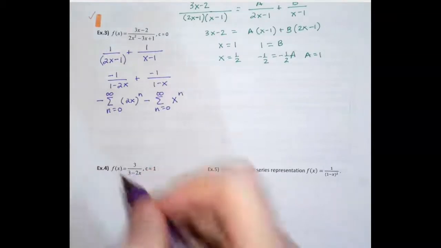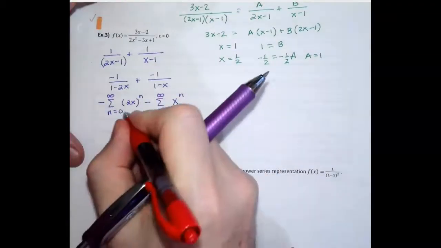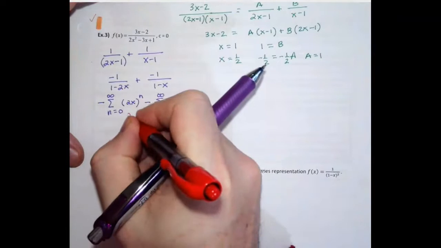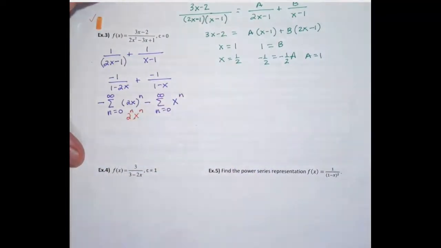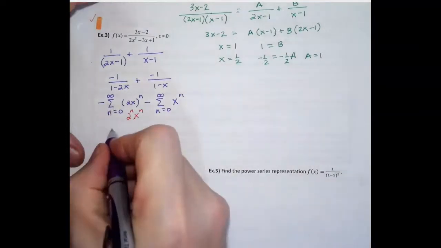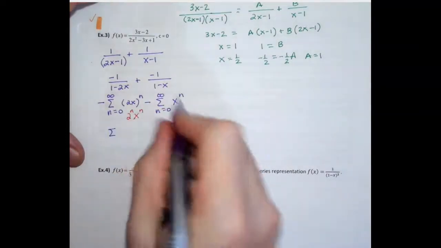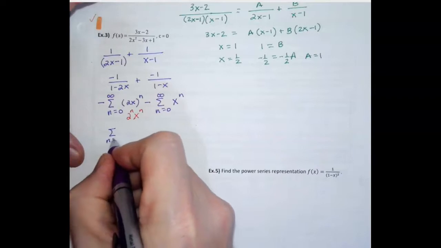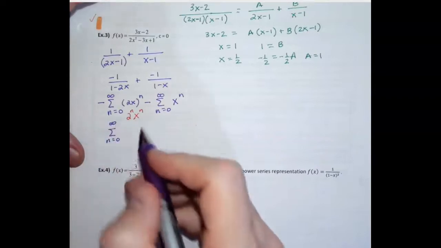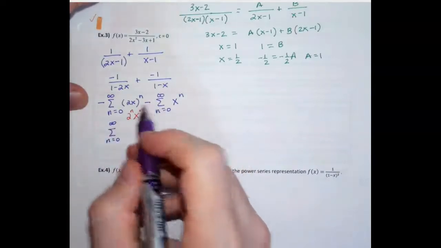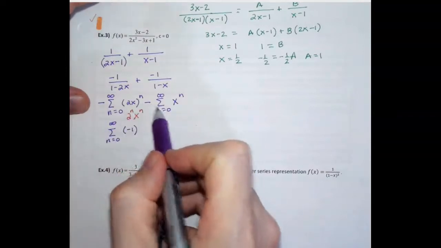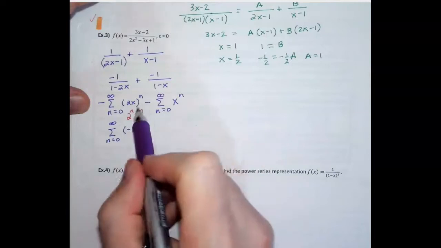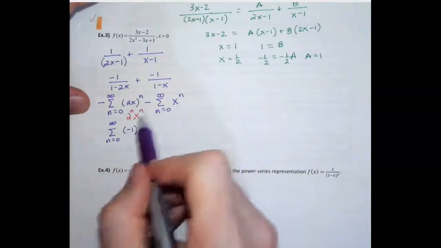Now, if we rewrite this part here, that would be 2 to the n, x to the n. And if we combine these two into one, then we would have negative 1, and then we could factor out an x to the n here.